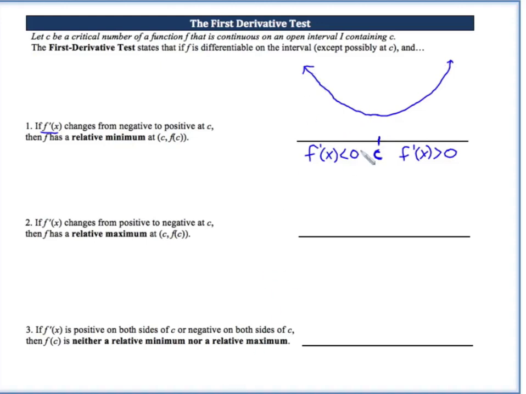Okay, so f prime of x less than 0 means this is negative and decreasing. And here, on this side, it's positive. So what does that tell us about this point, f of c? Well, we know that c, f of c, is a minimum.